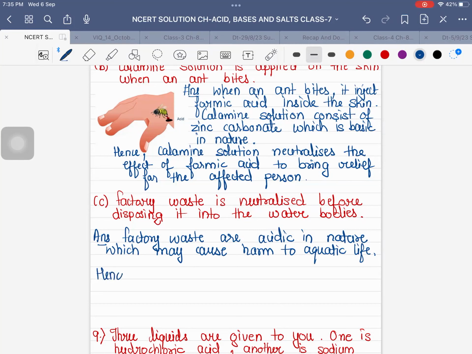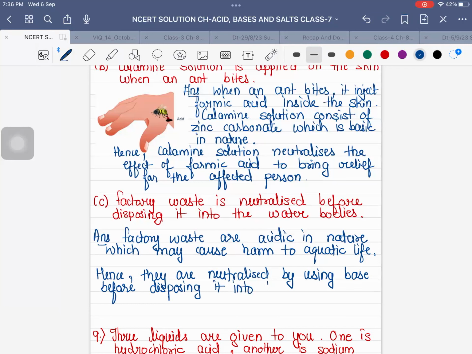Hence, they are neutralized by using base before disposing it into the water bodies.